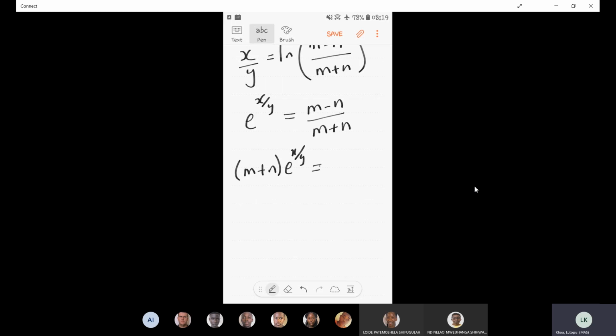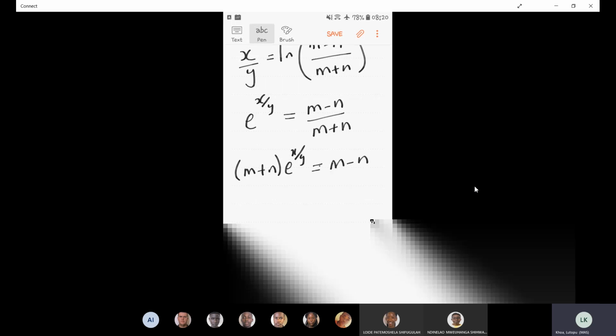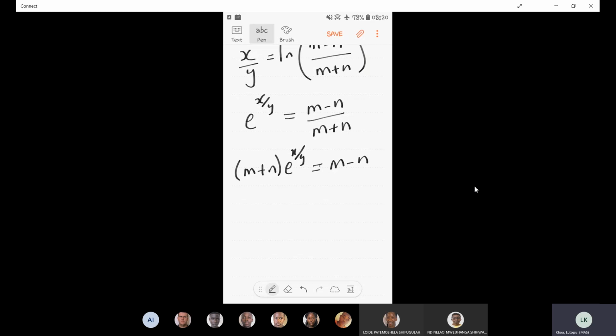This is equal to m minus n. So multiply your brackets out. This e should multiply all the terms inside the bracket. So we have m e to the power of x over y plus n e to the power of x over y is equal to m minus n.